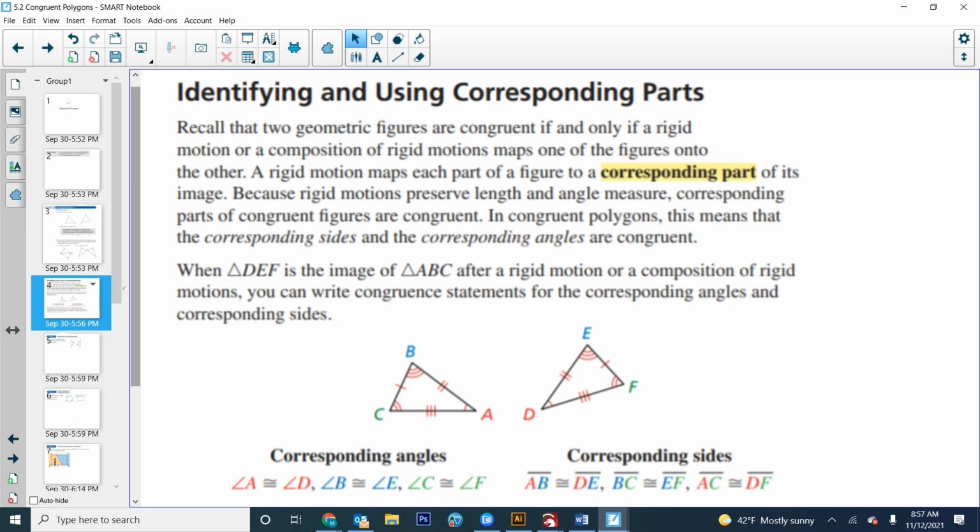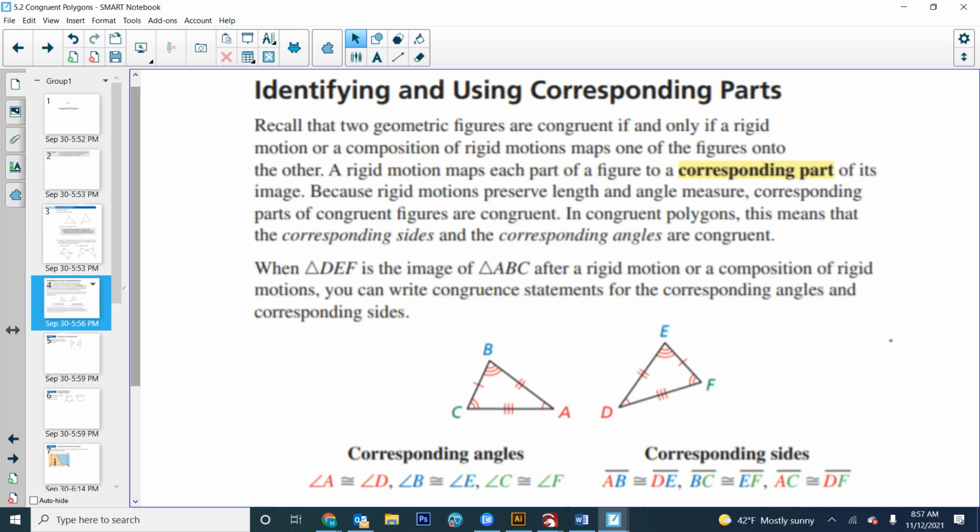Everything is the same, down to the shoelaces. So we could say their shoes are corresponding. Their shirts are corresponding. Their belts, I don't know, are corresponding. Everything on their outfit goes together. That's the word corresponding.